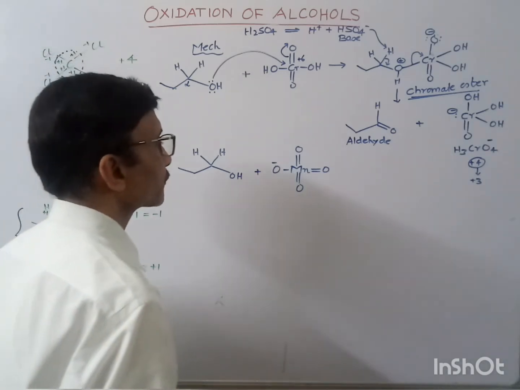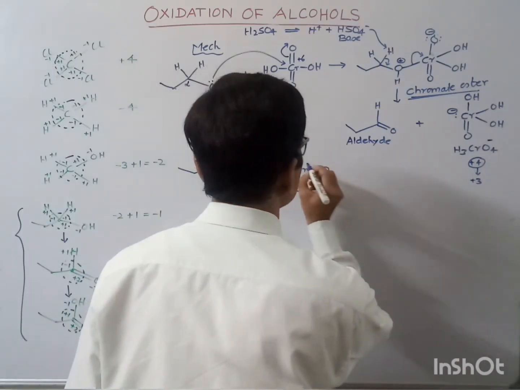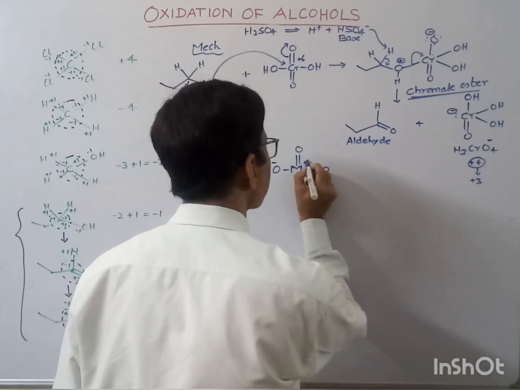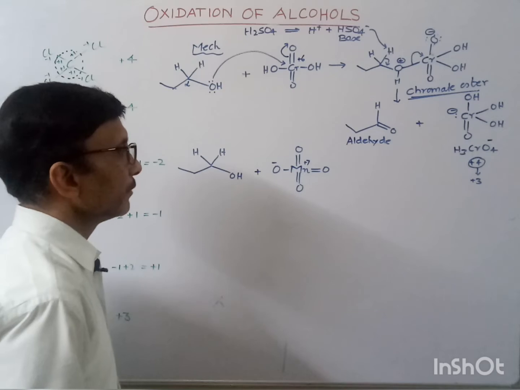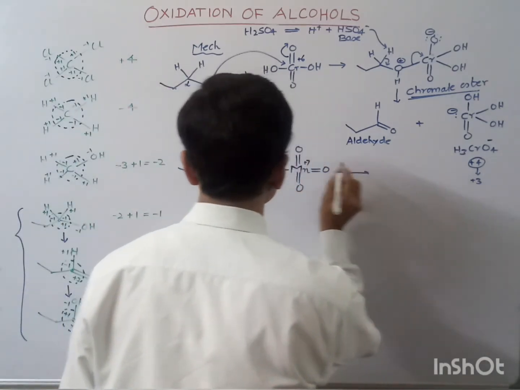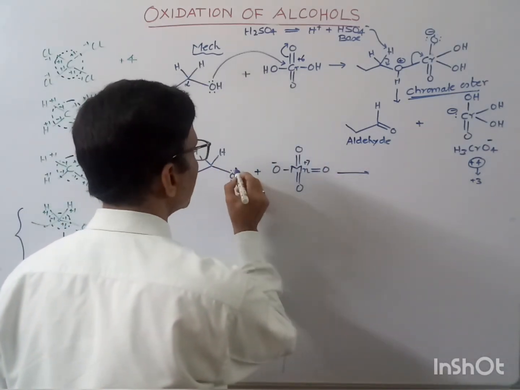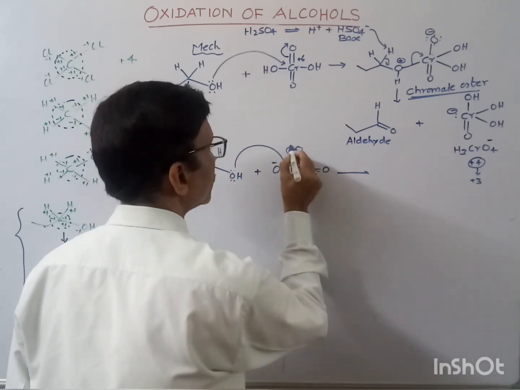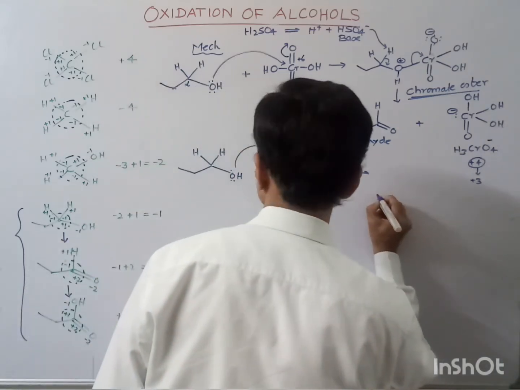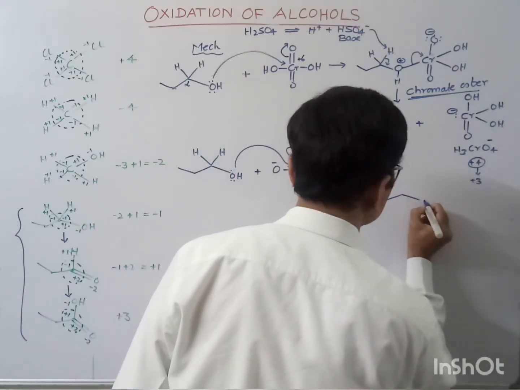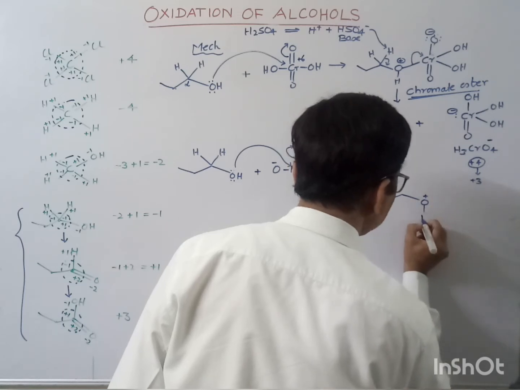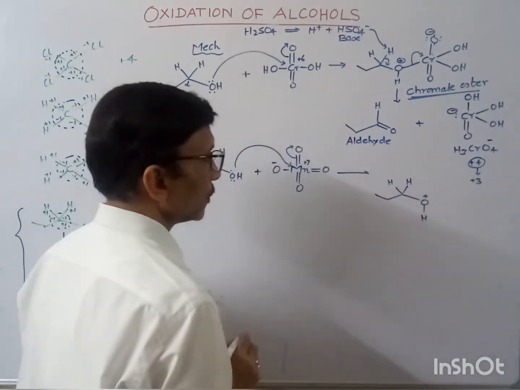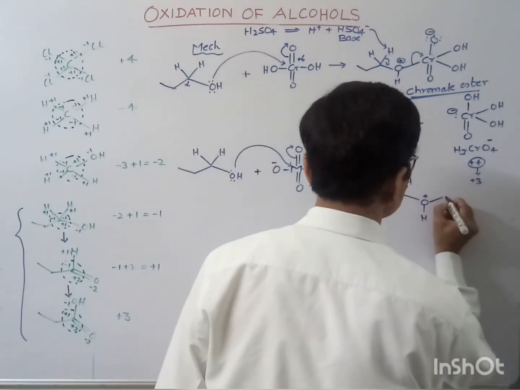So overall the charge over this manganese is +7, and now this will attack over here, and this pi bond will break. In the same way we may write the mechanism, and we will get the manganate ester over here.